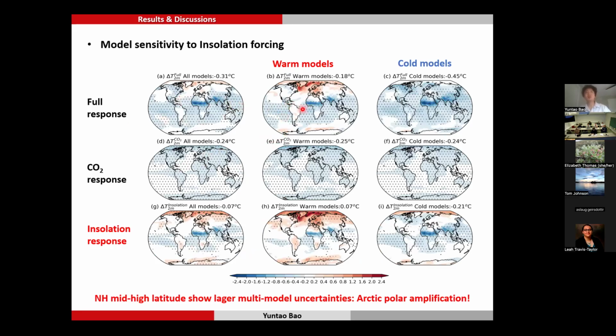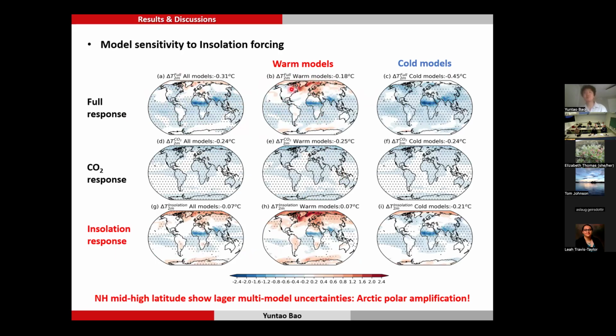This one is more clear. From the map, we can show that the full response, which is the original model simulation of the temperature response, is almost entirely due to the insolation response.